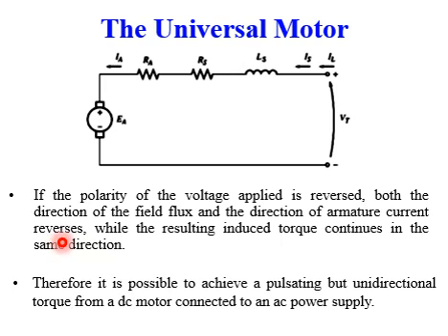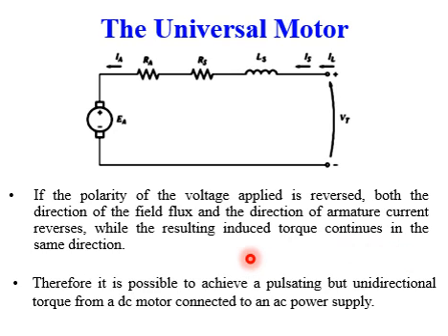Now we know that in this case the flux and the current are the two main variables. If both of them reverse, then the resulting torque continues in the same direction.